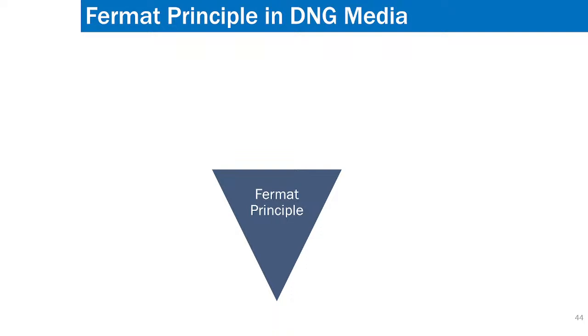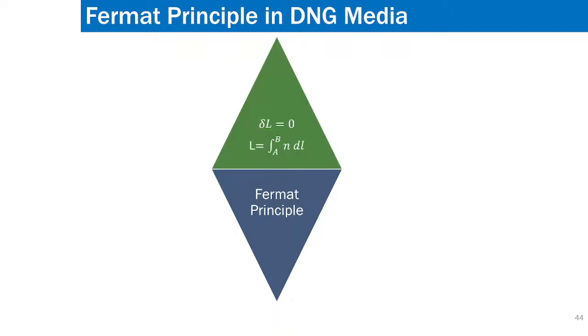Now let us see analytically whether it is being violated. What does this say analytically? It says L, which is the optical path, is equal to the integration over the points A to B, A and B being the points between which light is propagating, of n dl, n being the refractive index.